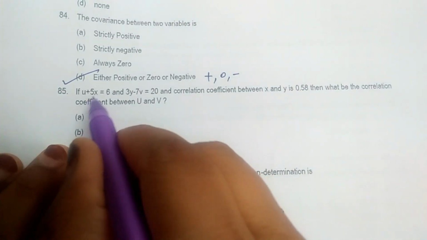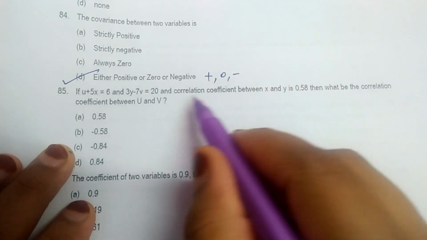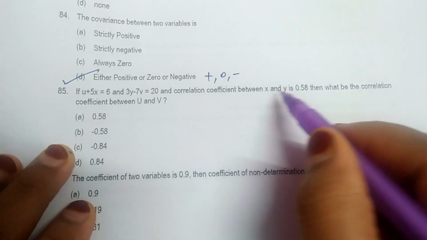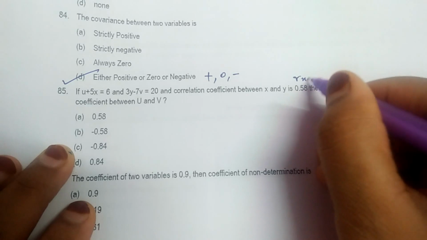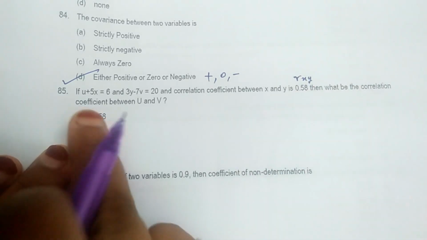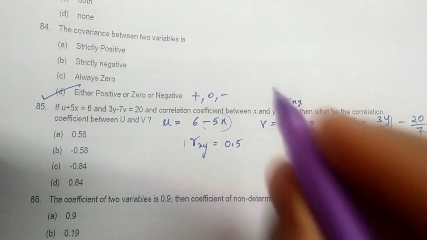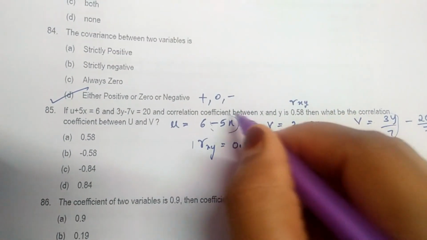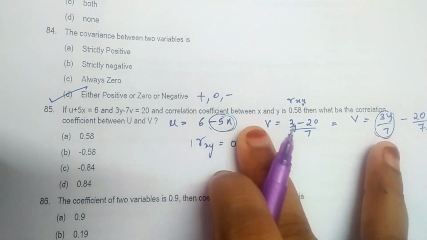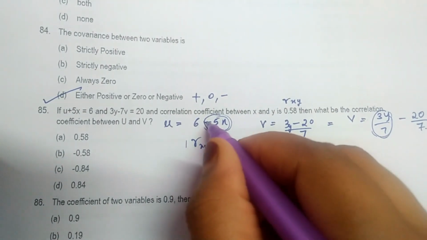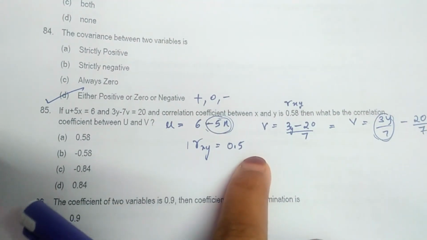If u plus 5x is equal to 6 and 3y minus 7v is equal to 20, and the correlation coefficient between x and y is 0.58, that is nothing but r of xy, then what will be the correlation coefficient between u and v? Herein, we know that if it's a change of scale, the sign stays the same when both are positive or both negative.